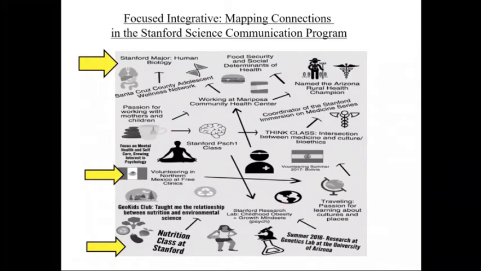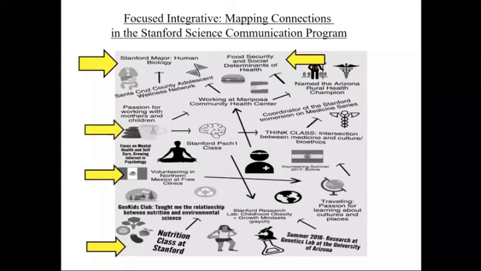You might see the nutrition class would teach her about nutrition. You'd expect that. But the connection to environmental science, you wouldn't know unless she told you. That's what this mapping exercise allows her to do. She also is very interested, you can see, in food security and social determinants of health. So that tells you that she's also interested in a policy angle on this particular topic.